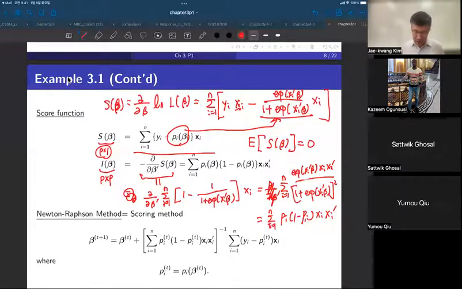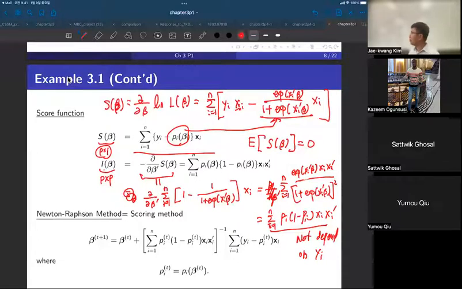So in this case, we are lucky because it does not depend on yi. Originally, y is a random variable, right? 0 and 1. But here, when you take the expectation, there's nothing to take the expectation of because it's free of y.